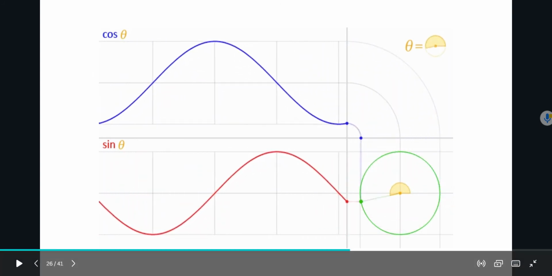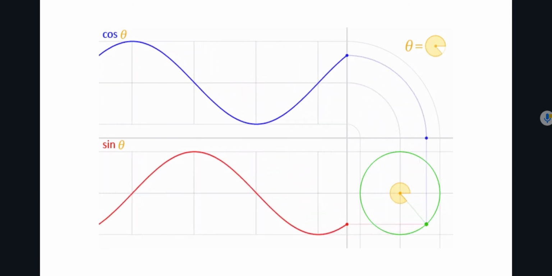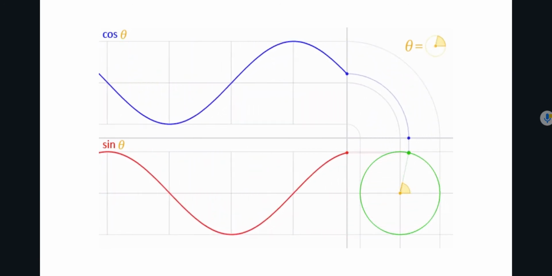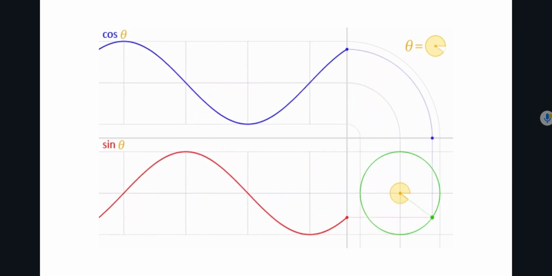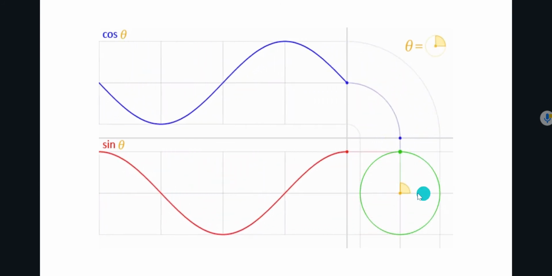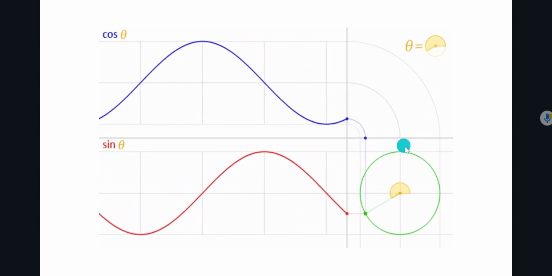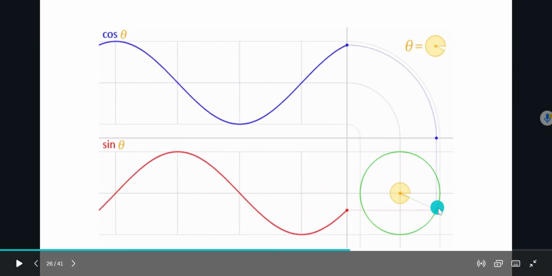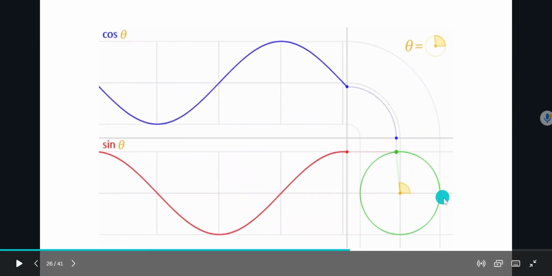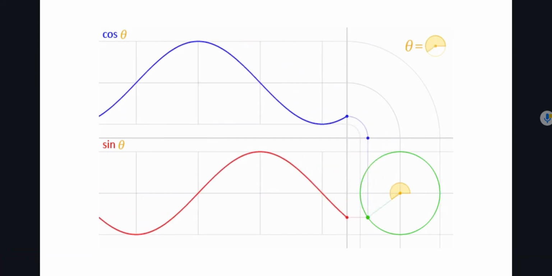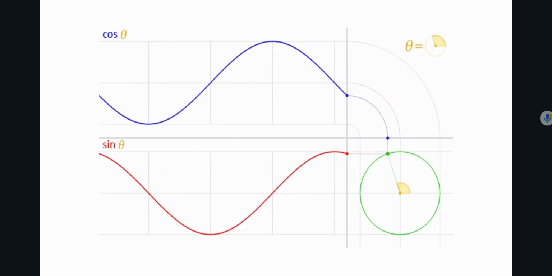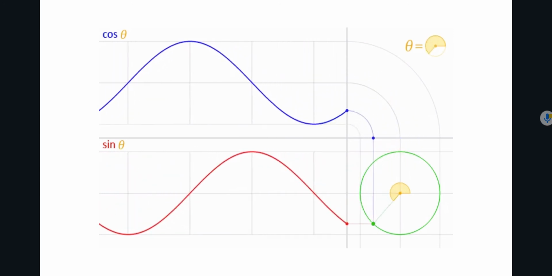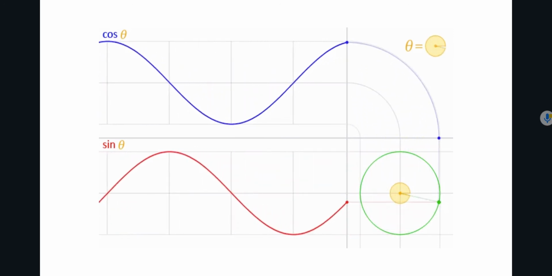So when you're plotting the vertical displacement of a dot as it goes around a circle, you're plotting the sine curve. If you're plotting the horizontal displacement of a dot as it goes around a circle, you're plotting the cosine curve. So the waves that we're dealing with in this class are going to be mostly sine curves, if not all.